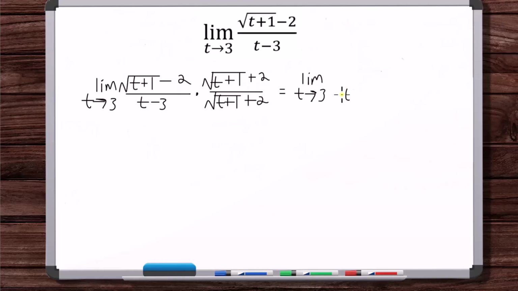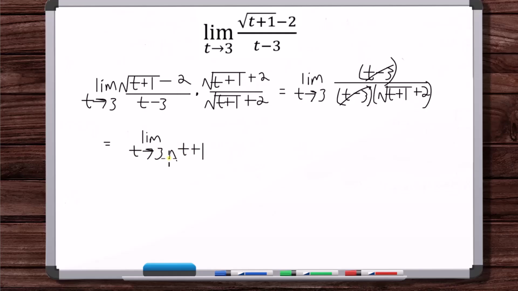And then in the denominator, we've got these, so these cancel, and we're left with, okay, so now plugging in 3, we get 3 plus 1 is 4, square root of 4 is 2, 2 plus 2 is 4, so we get 1/4, which is what this limit is equal to, because all we've done is just take the limit function and put it into a different form.